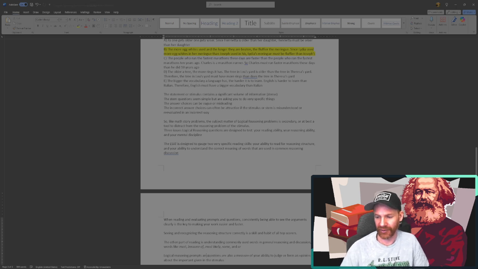We'll narrow this to questions. So, logical reasoning questions are also a measure of your ability to judge or form an opinion about the information given in the stimulus, because the stimulus is a specific part of the question.